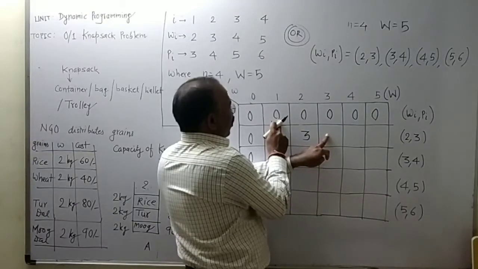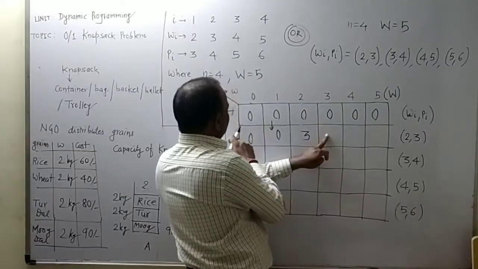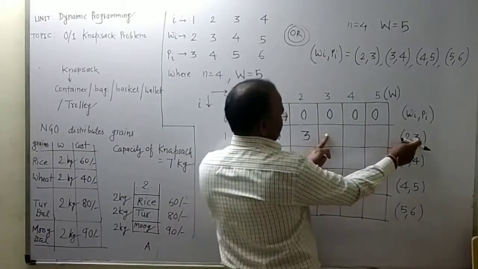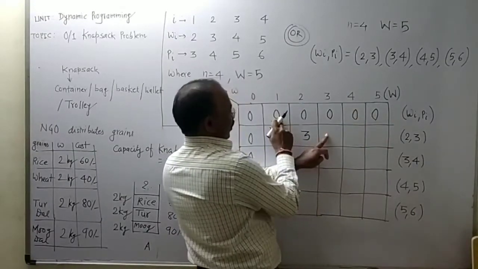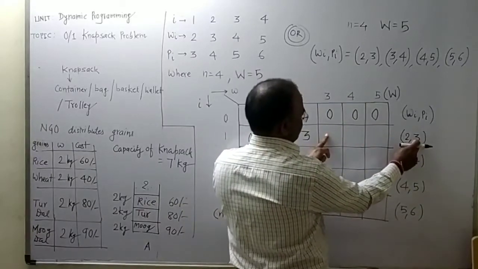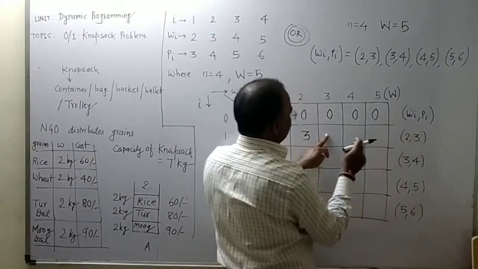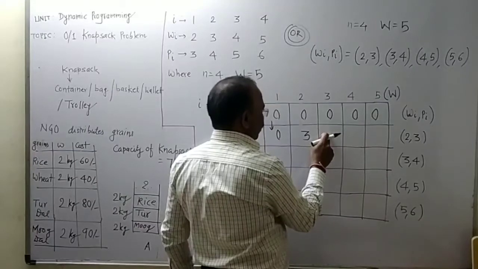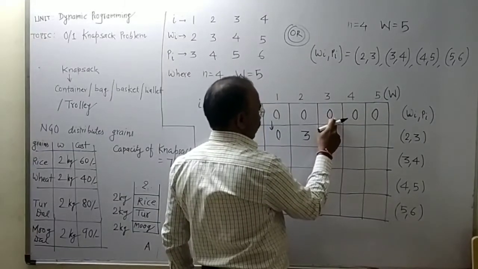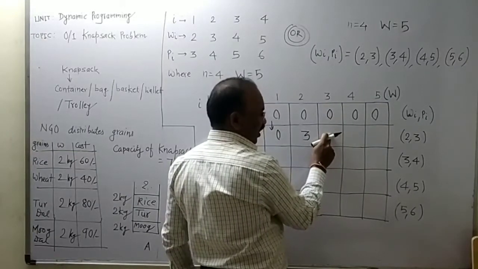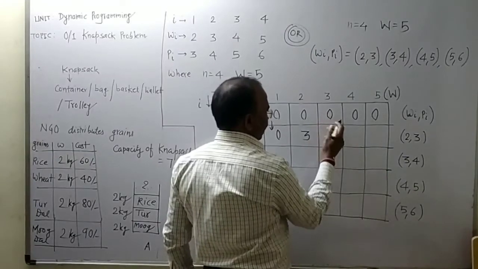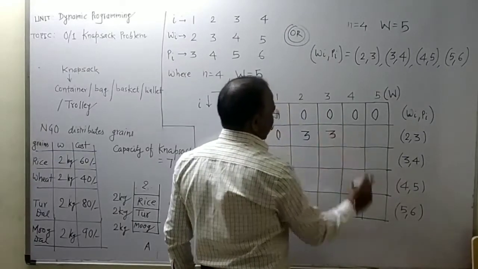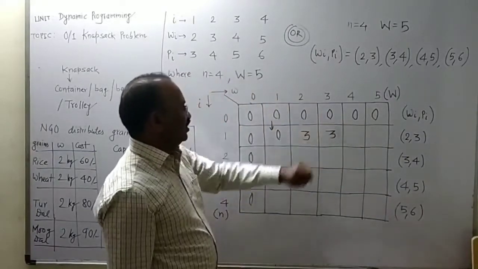Now add the profit of the first object, that is 3, to this value, means 0 plus 3. The value is 3. Now before putting 3, we have to check with the upper value. This 3 should not be less than the upper value, and 3 is not less than the upper value, that is 0.